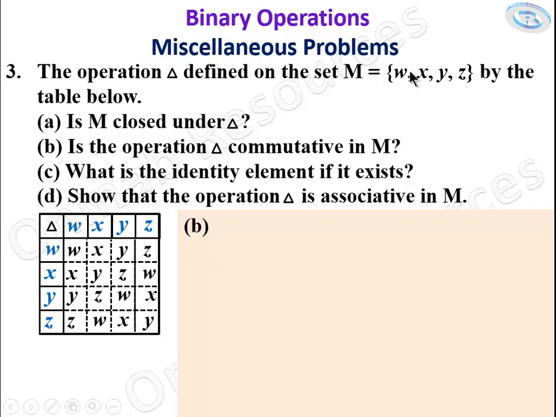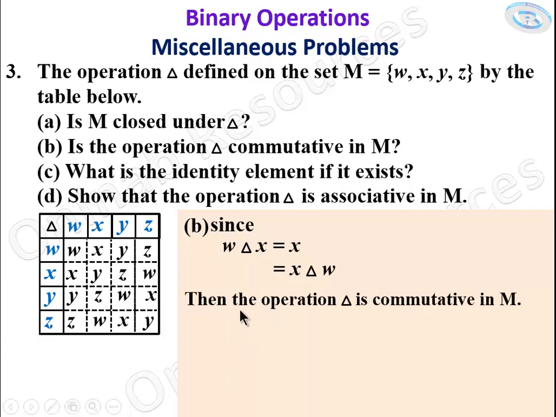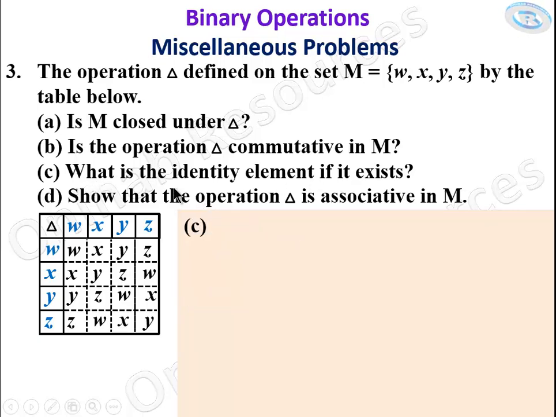So let's pick W and X. Since W operation X is equal to X, and if you look at X operation W, X operation W is also X. So we now say W operation X is equal to X operation W. Then the operation delta is commutative in M. So we go to C part of the problem.